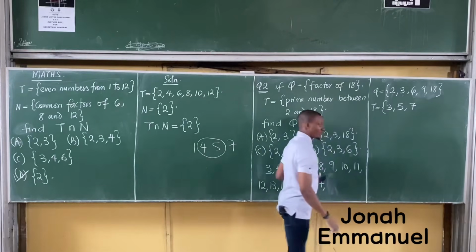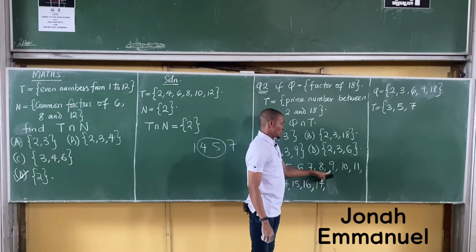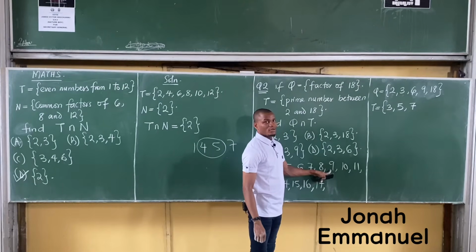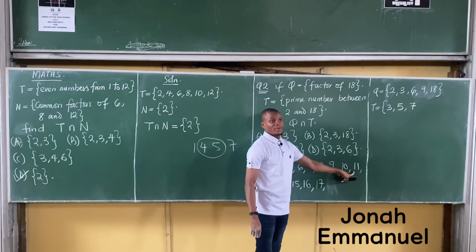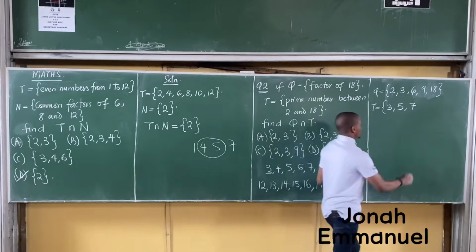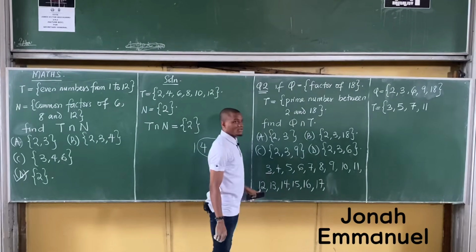7. What about 8? 2 can divide it. Is 9 a prime number? 3 can divide this, right? It gives you 3. 10 a prime number? No. 10 over 2 gives you 5. 11 a prime number? Yes. 11. 12 a prime number?